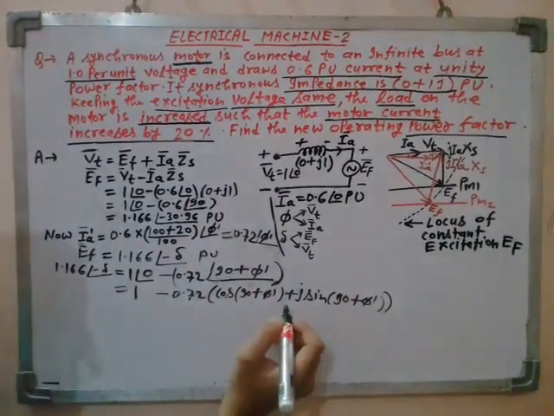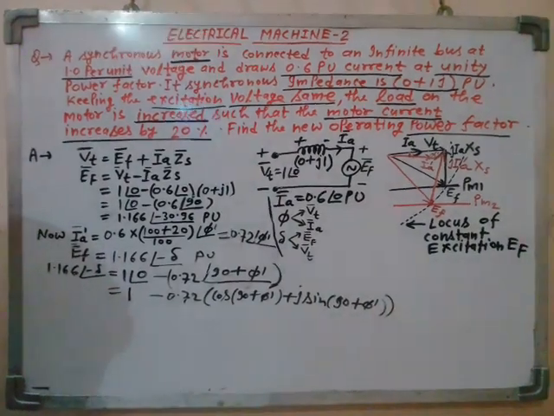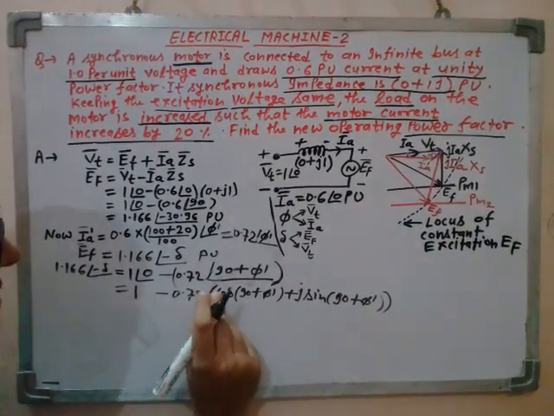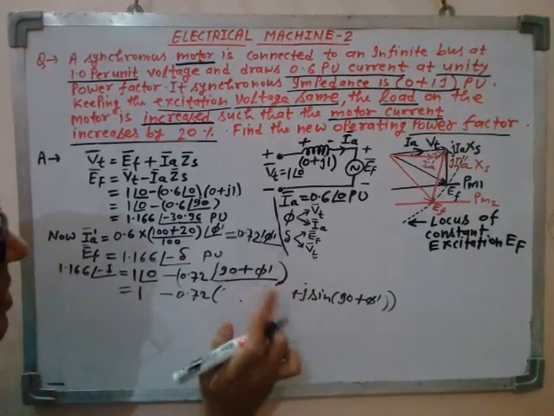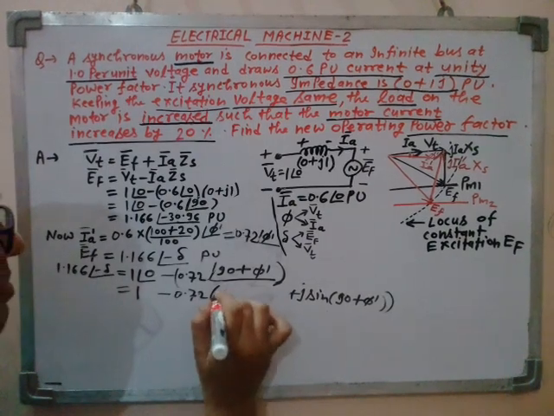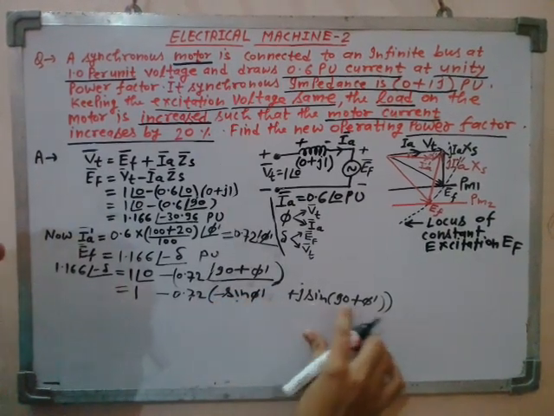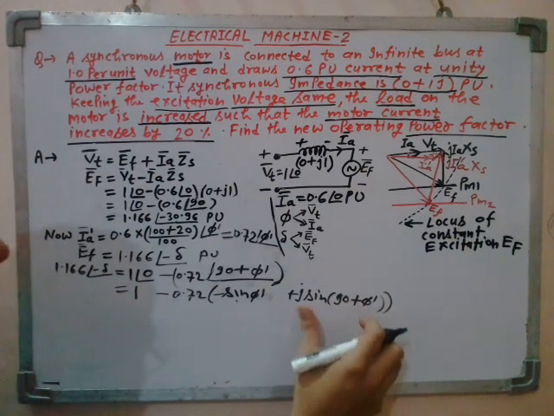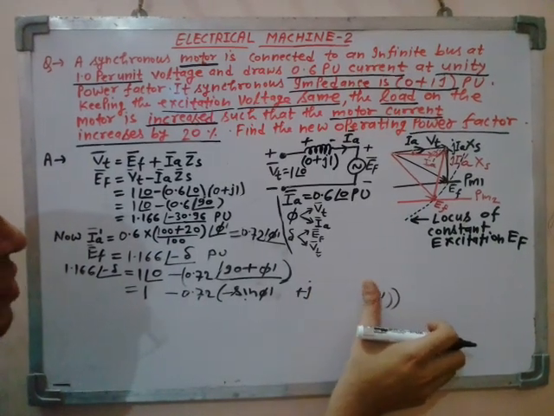Now cos of 90 plus phi dash is minus sin phi dash, and sin of 90 plus phi dash is plus cos phi dash.